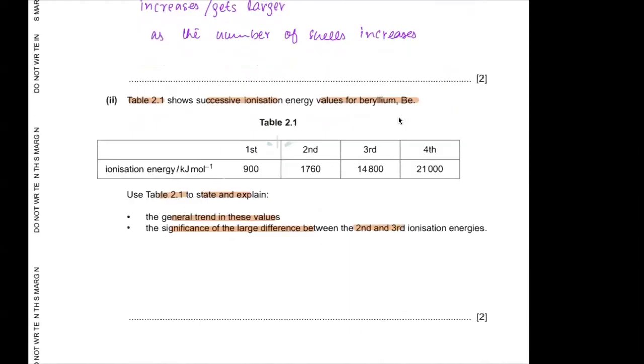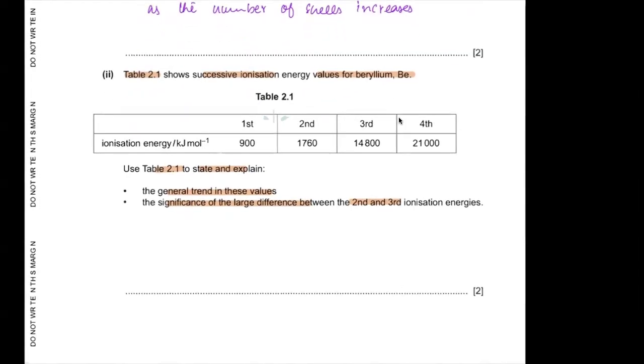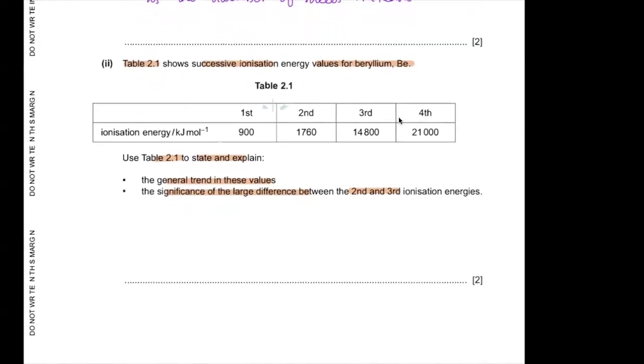So if you see the general trend, the general trend is generally ionization energy increases. It is increasing actually, right?